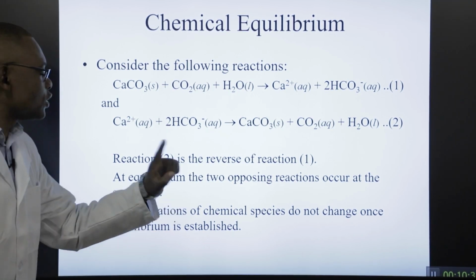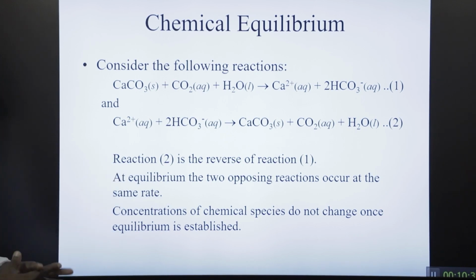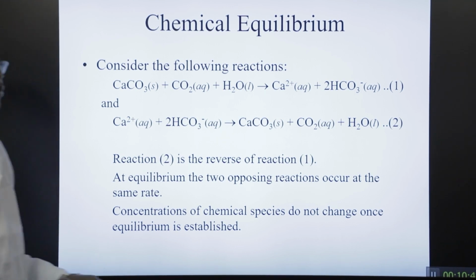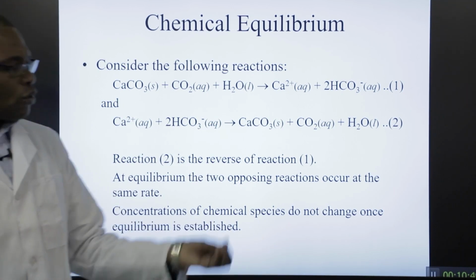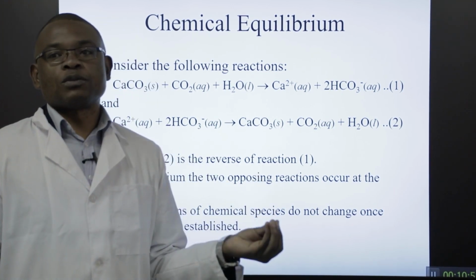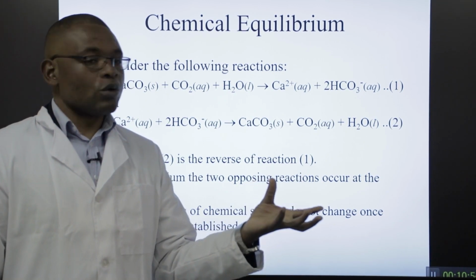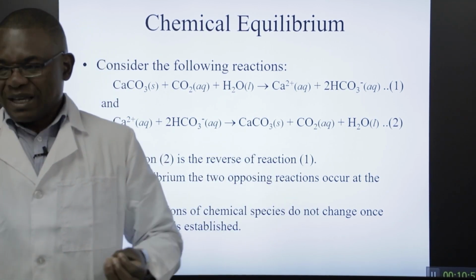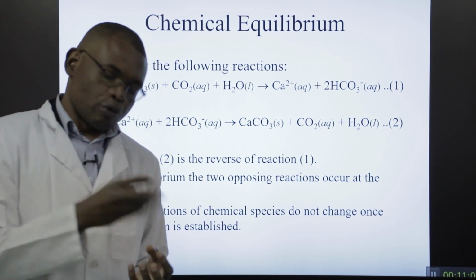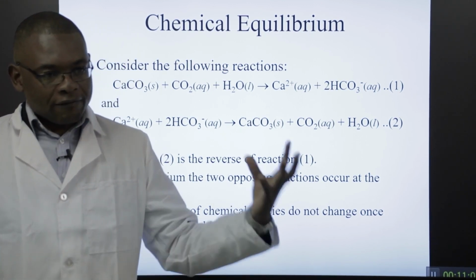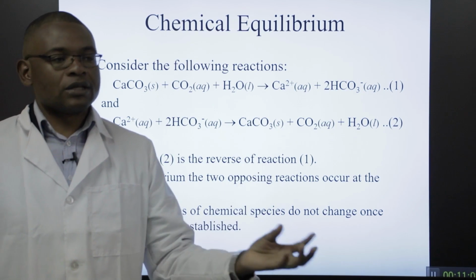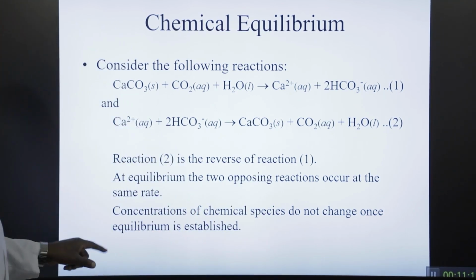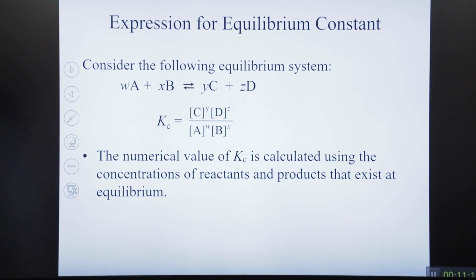So we are saying that concentrations of chemical species do not change once equilibrium is achieved or established, meaning that at that point in time when equilibrium has been established, the concentration of reactants is no longer changing, because whatever reactants are going to form product, they are going to immediately break down back to form reactants. So we are having equal quantities of materials being exchanged between the reacting species, so their concentrations are going to remain constant.